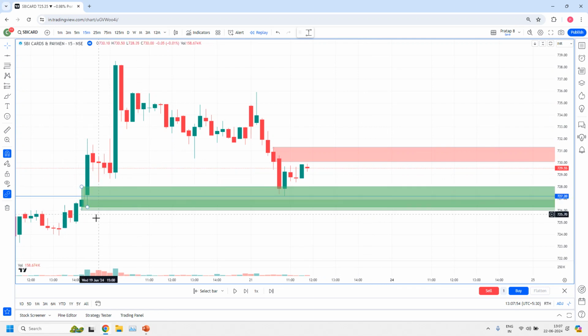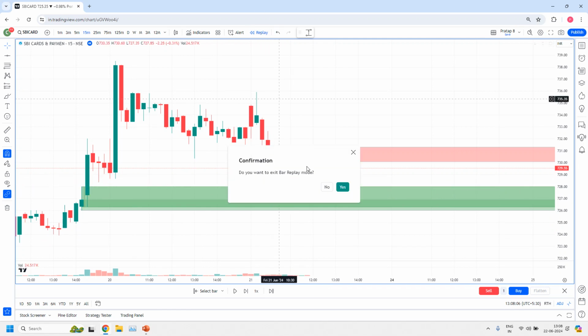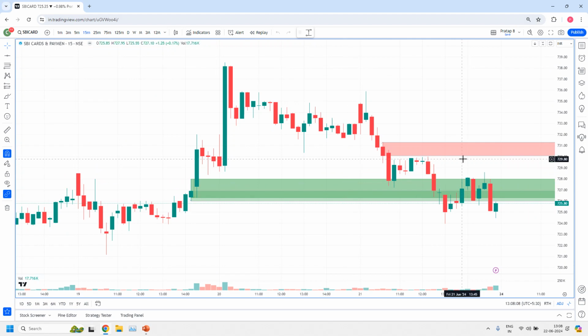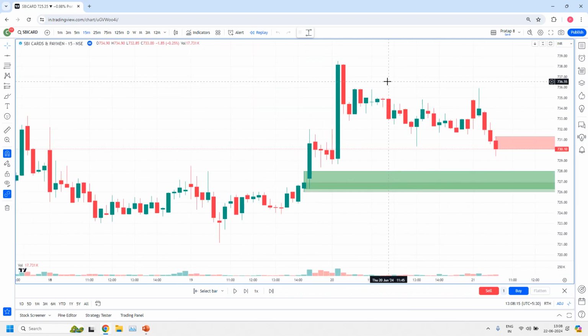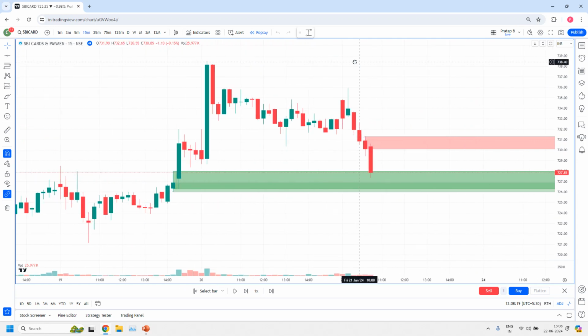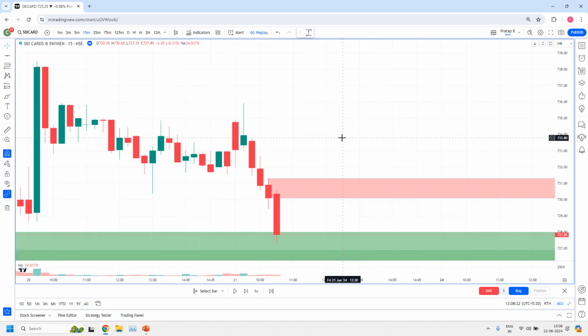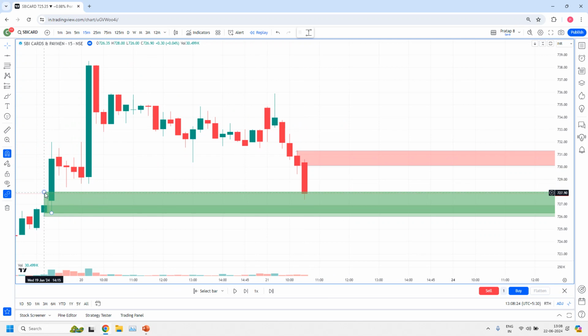Now we have this zone. Week to week, there are some people who want to take a trade in this week. Now let me change the replay bar again so that you get better clarity. They took a trade at a higher wick of this zone.